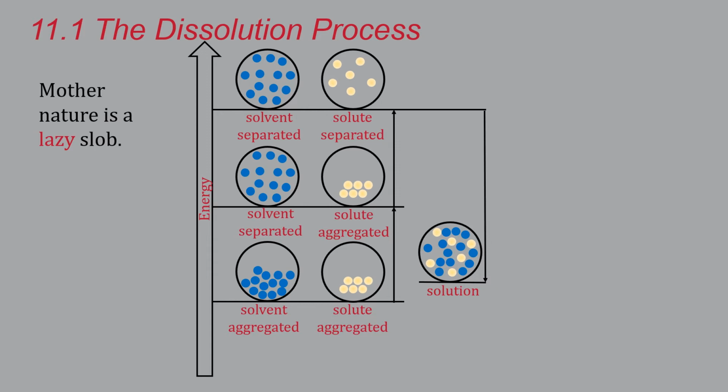And when that's the case, the heat of solution is going to be endothermic. And so overall, this particular process is endothermic. And this, as an example, would be dissolution of ammonium nitrate, which is what the cold packs are based on.